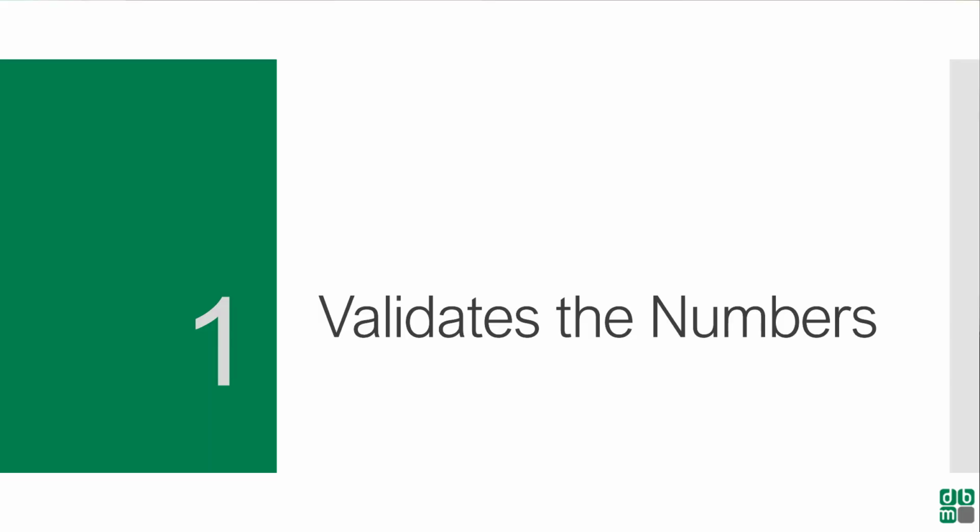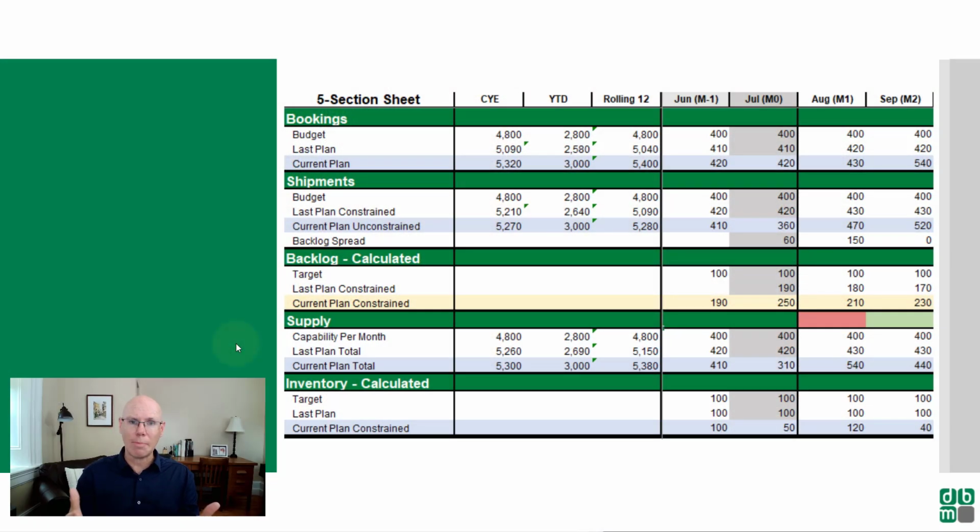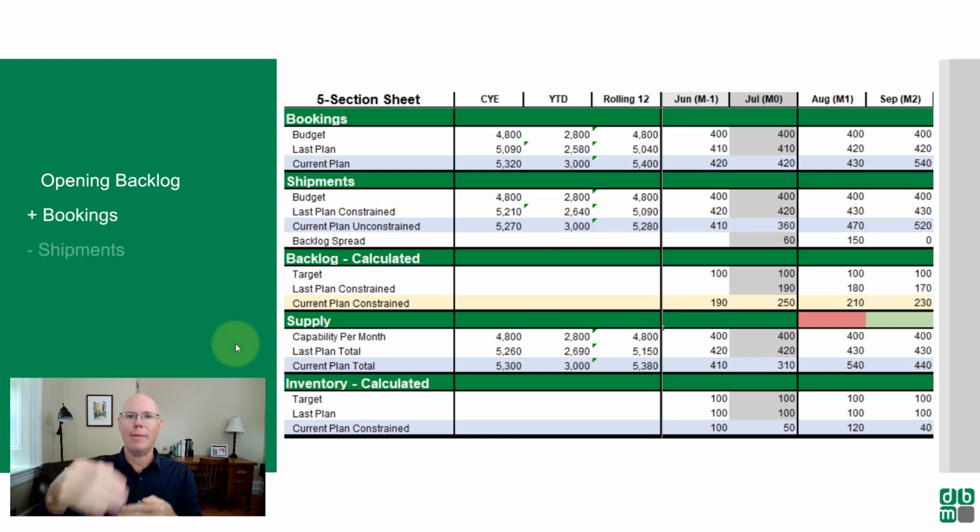So the first thing that the 5-section sheet does is it helps to validate the numbers. This step is crucial because ensuring that you have accurate data means that you're making decisions based on data that you trust. To validate your backlog, or your current open orders, you start by taking your opening backlog, adding the bookings, and then subtracting the shipments for the period.